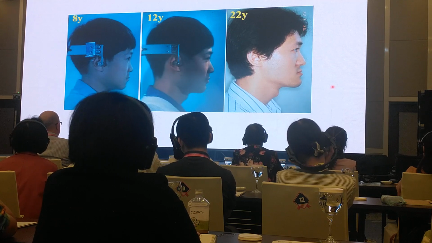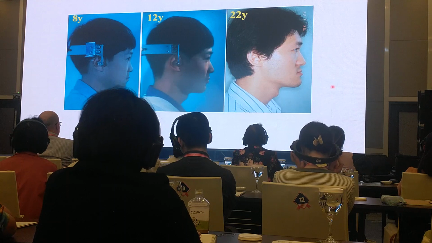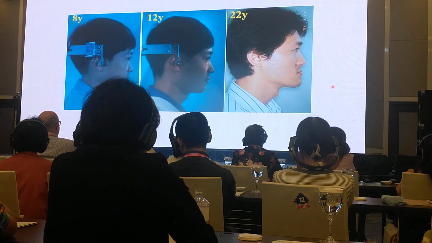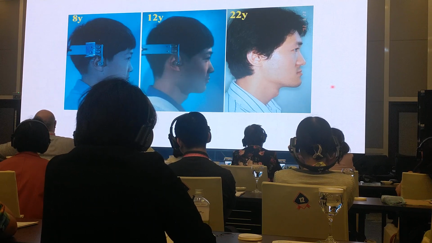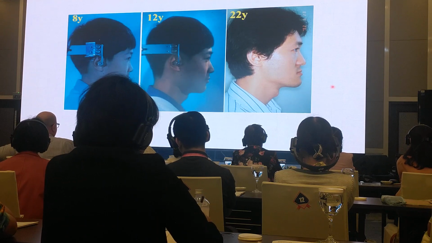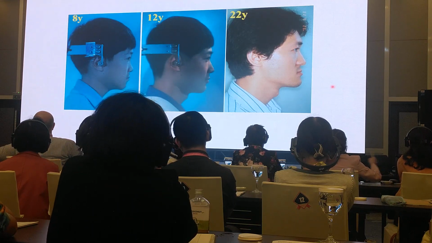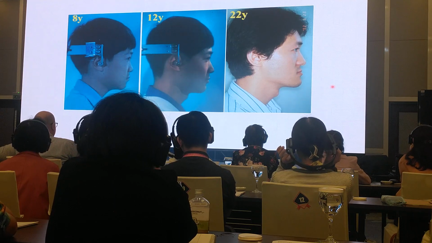Therefore, many orthodontists say, oh, this is a late growth. Late growth. But why? What is a late growth? I couldn't explain. Yeah, just an excuse.